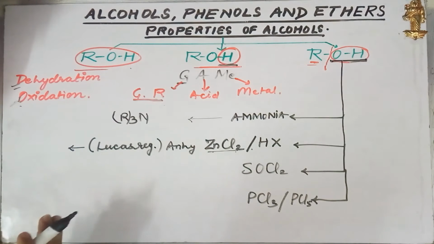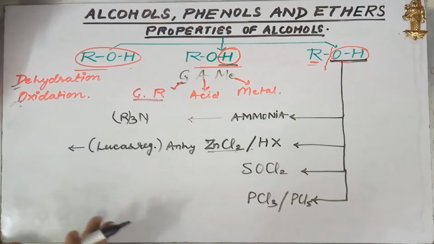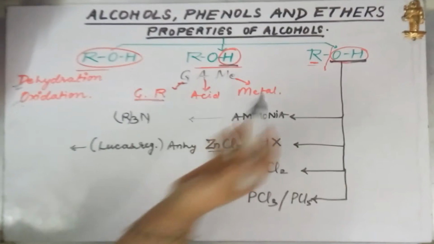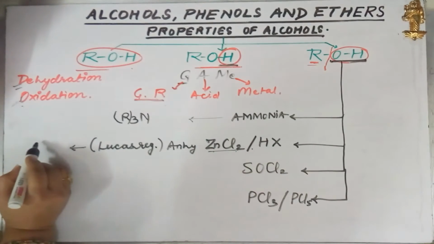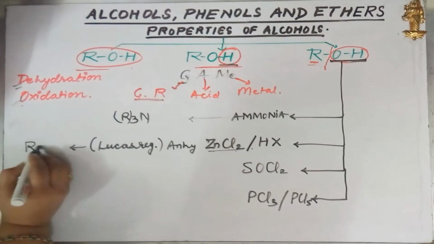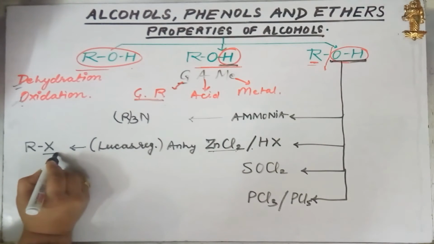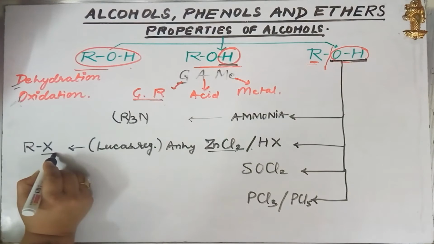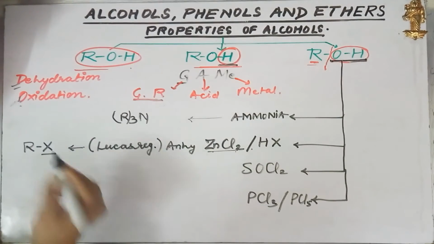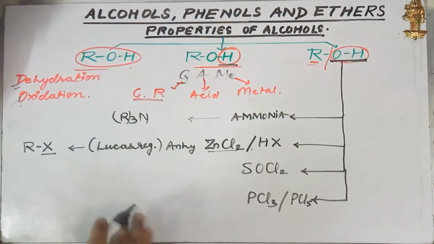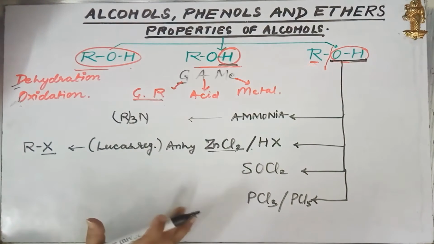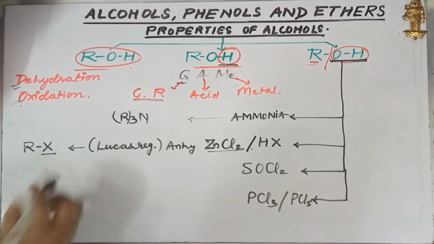Primary do not give the precipitate, while tertiary and secondary undergo the precipitation formation, and this is the replacement of OH and formation of chlorides, that is RX will be formed. Immediate formation will indicate the tertiary alcohols. Secondary alcohols will give you the precipitate very slowly, like within 4 to 5 minutes, and primary alcohols will not undergo the precipitation reaction.